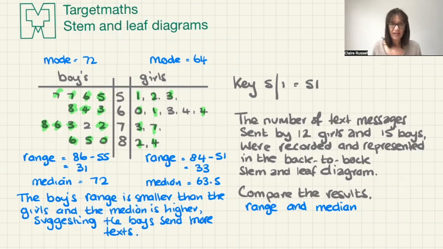I've shown you this because I want you to be aware that stem and leaf can progress slightly from the basic. It's not the most common thing that we see, but it's not an impossibility because it's a part of our statistics topic. We just need to be mindful that they're sharing the same stem and that the boys kind of goes a bit back to front when you're having to read and interpret from it.